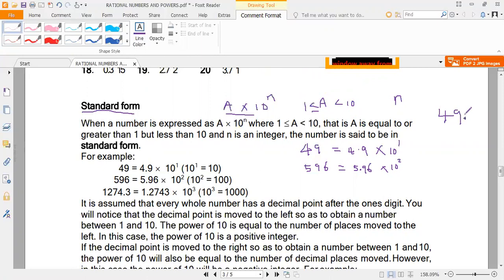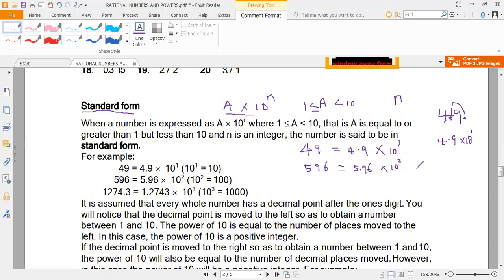So when expressing in standard form, we move it such that we leave only one number before the decimal point to make it 4.9 times 10 to the power 1.